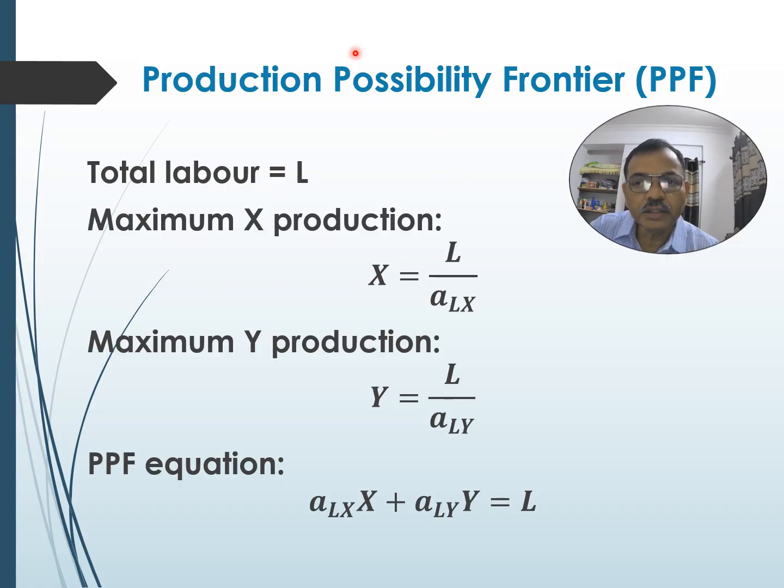If all labor is devoted to producing Y, then maximum Y equals L divided by ALY.